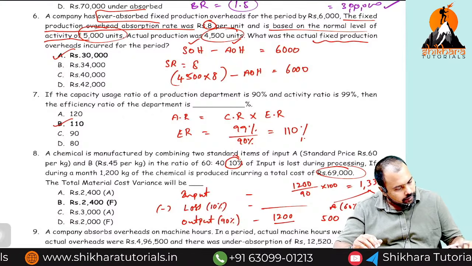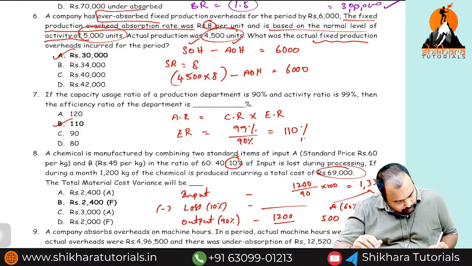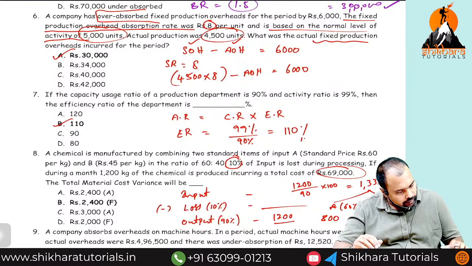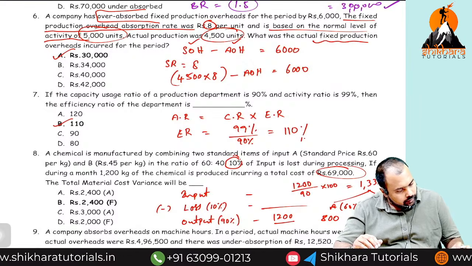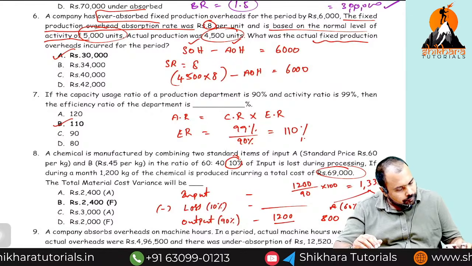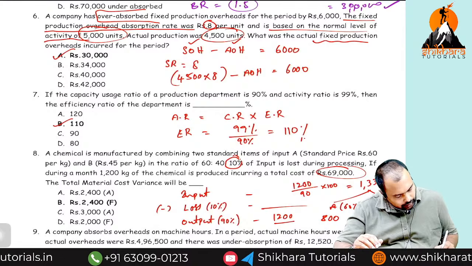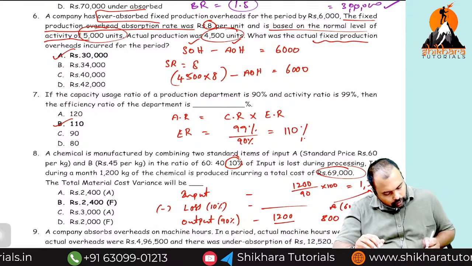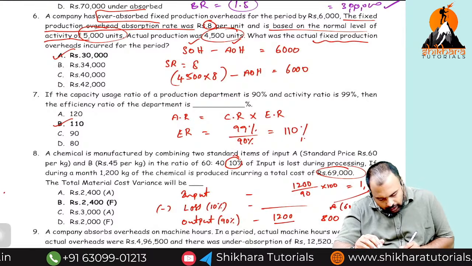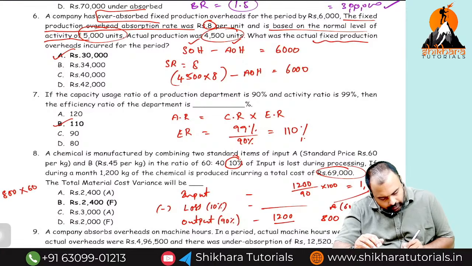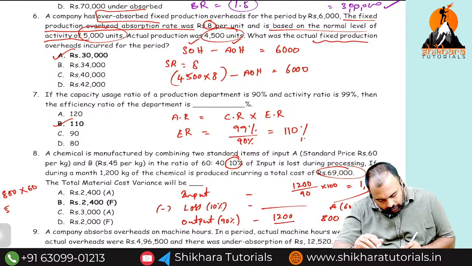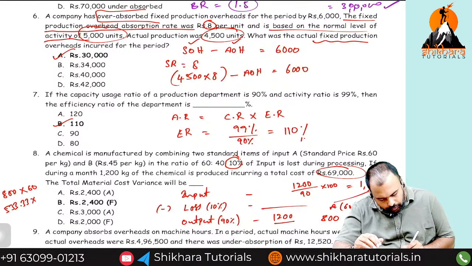Sorry, 800. 3% of that is 800 into 40% is 533.33. Now, sir, what is standard cost? It has to be 800 into 60, 533.33 into 45.